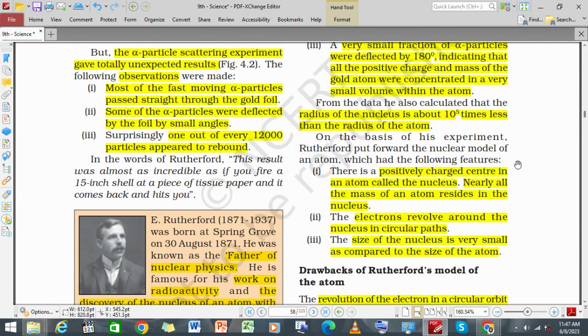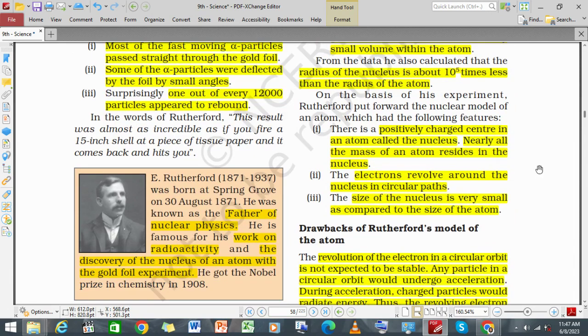Now, the radius of the nucleus is about 10 to the power 5 times less than the radius of the atom. He also concluded that the nucleus inside an atom is much smaller than the atom, that is 10 to the power 5 times smaller in radius. The positively charged center in an atom is called the nucleus.